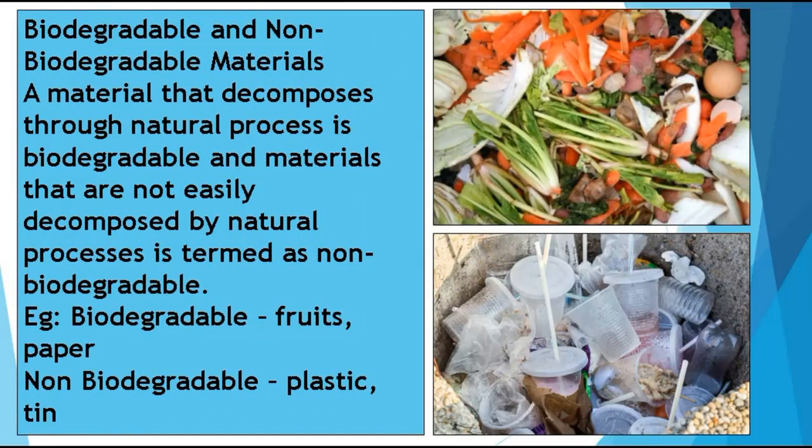Now students, as you can see here the heading, biodegradable and non-biodegradable materials. Students, biodegradable materials are basically those kinds of materials that decompose through natural processes, whereas non-biodegradable materials are those materials that can't easily decompose by natural processes, and that's why they are known as non-biodegradable materials.